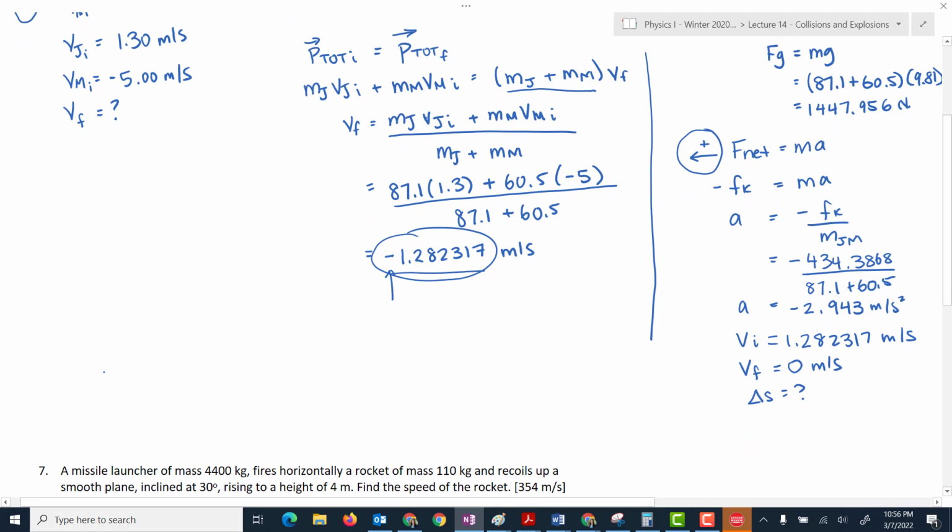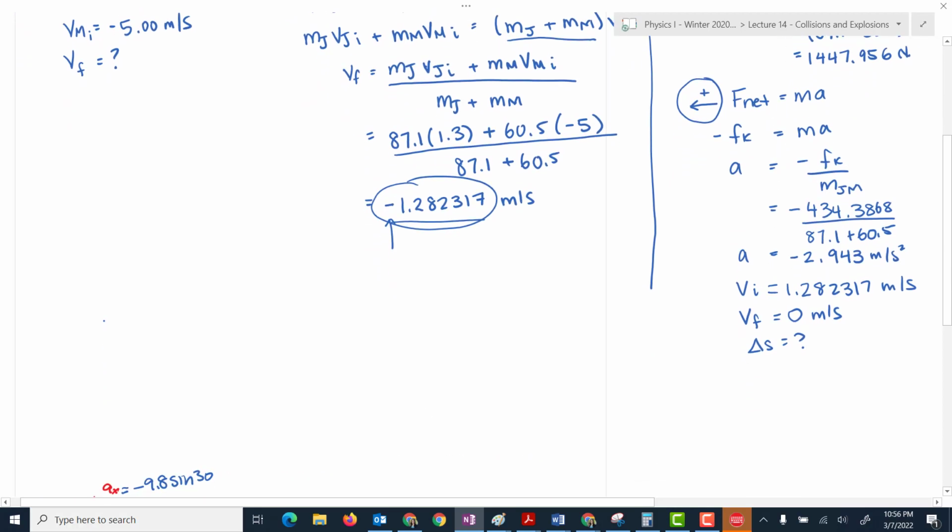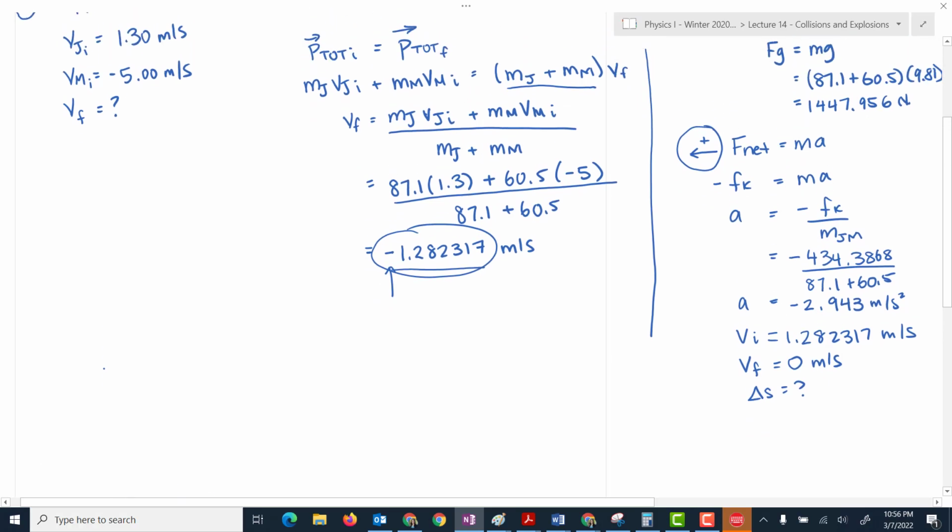Okay, so we need to find an equation that doesn't have delta T in it, because delta T is the one variable that we don't know and don't want to know. So we're going to use this equation: V final squared equals V initial squared plus 2a delta S. And we can solve for delta S: V final squared minus V initial squared, over 2a.